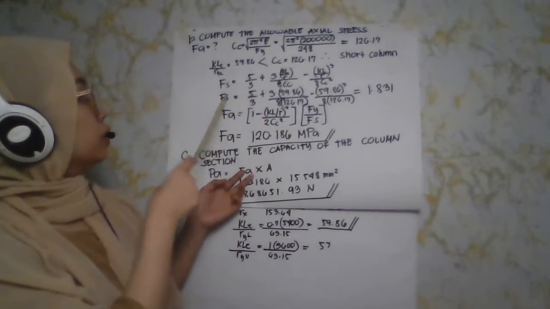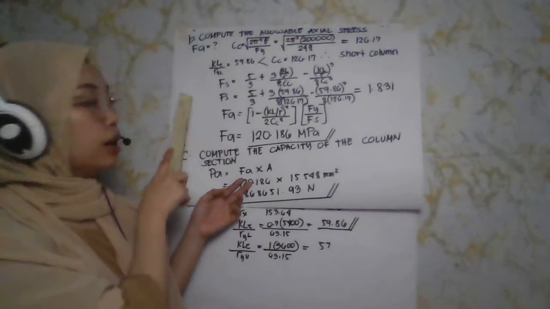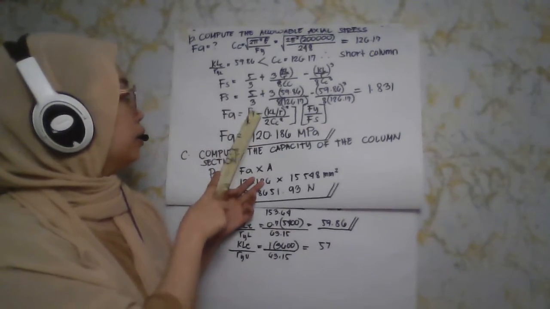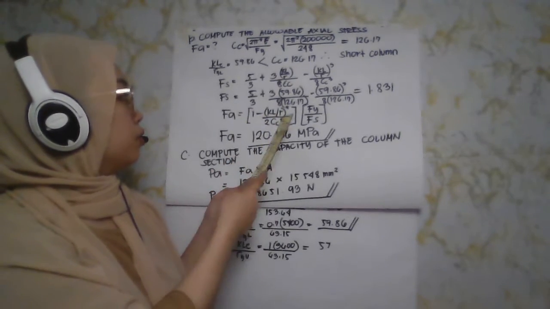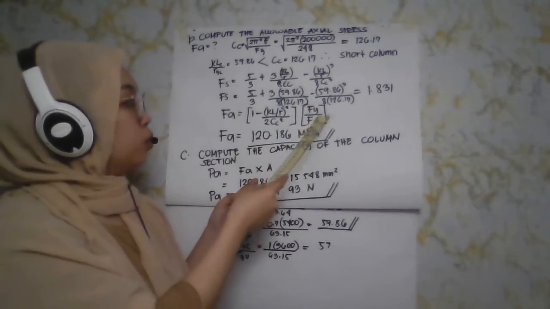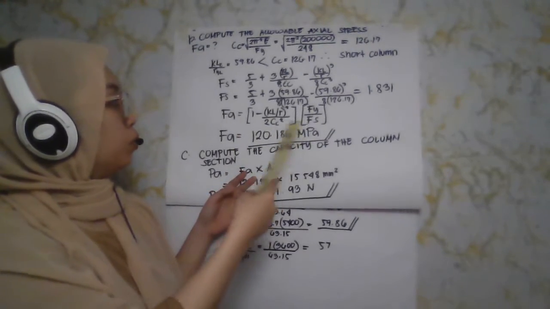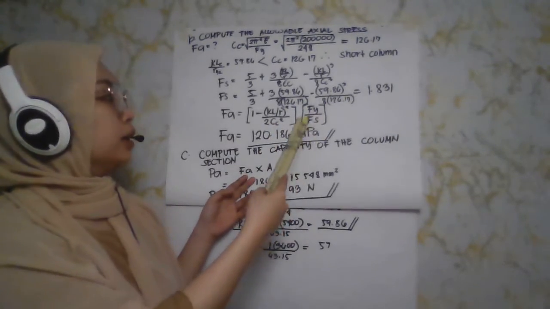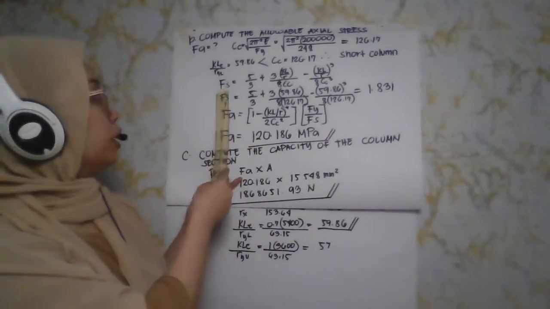Kung short ang column natin, gagamitin natin yung formula ng Fa and FS. So, ang Fa natin ay 1 minus KL over r, the slenderness ratio, squared over 2 Cc squared, multiplied by the Fy and over the FS. And since meron tayong given ito, and ito, wala tayong FS. So, kukunin natin ang FS. Meron tayong formula ng FS.